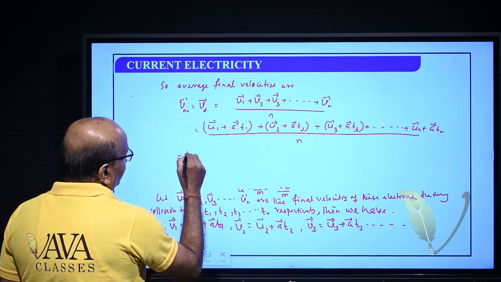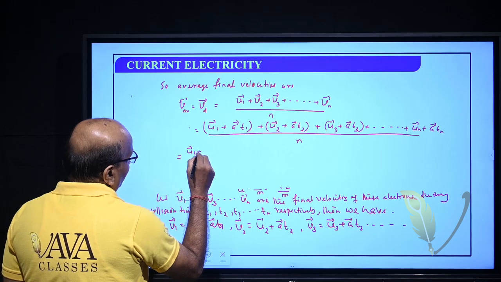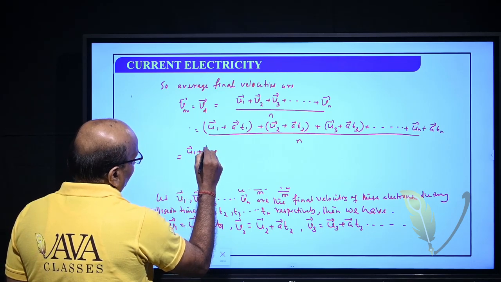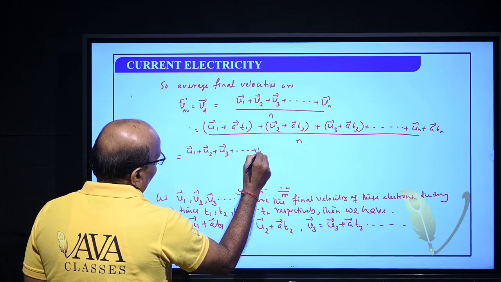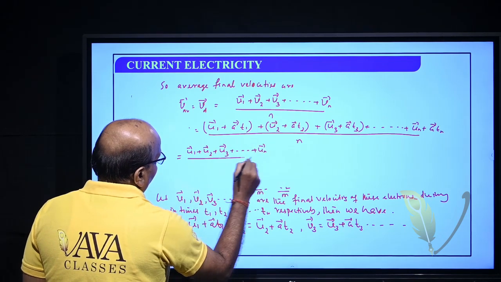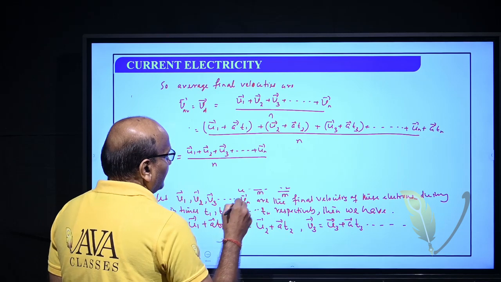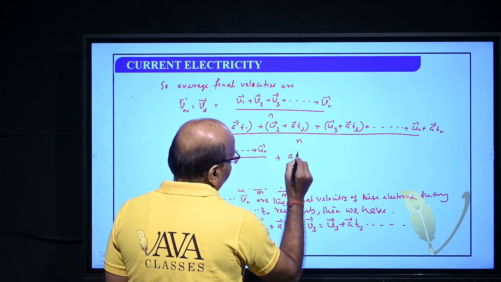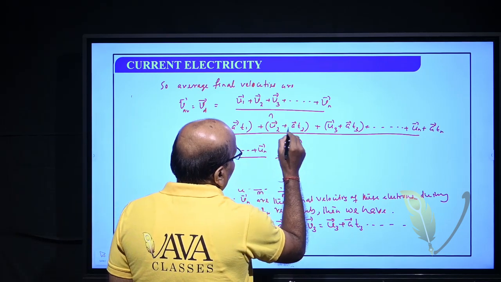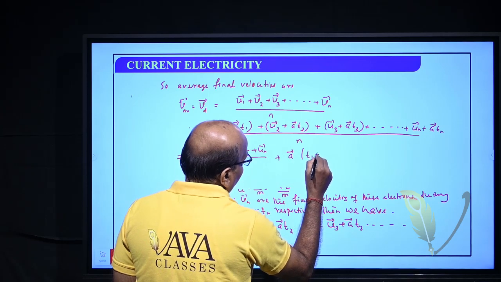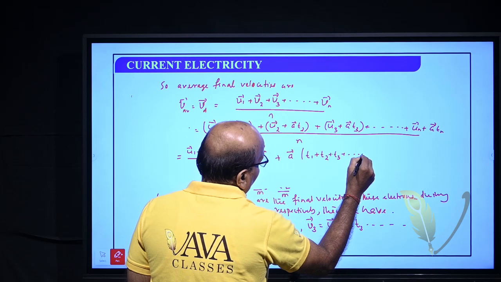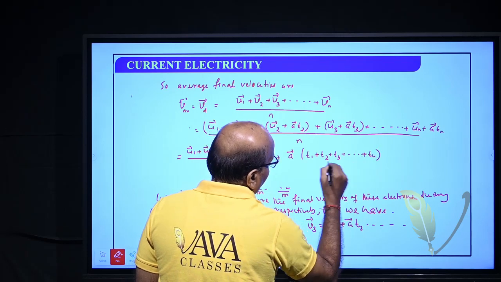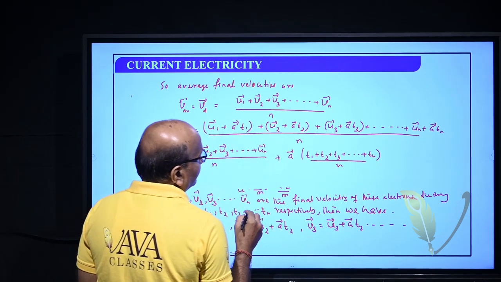This is equal to (U1 + U2 + U3 + ... + Un) by n plus A, taking common, (T1 + T2 + T3 + ... + Tn) by n.